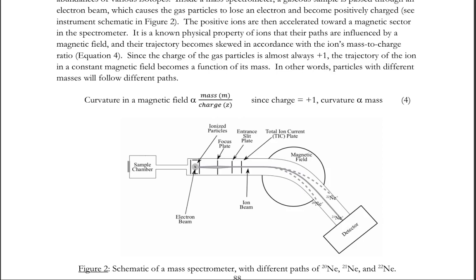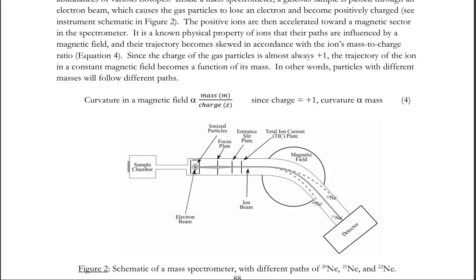So let's say that we're working with neon. Neon turns out to have 3 naturally occurring isotopes, neon 20, neon 21, and neon 22. Being neon, with an atomic number of 10, they all have 10 protons, so from their mass numbers we can figure out how many neutrons each isotope has.